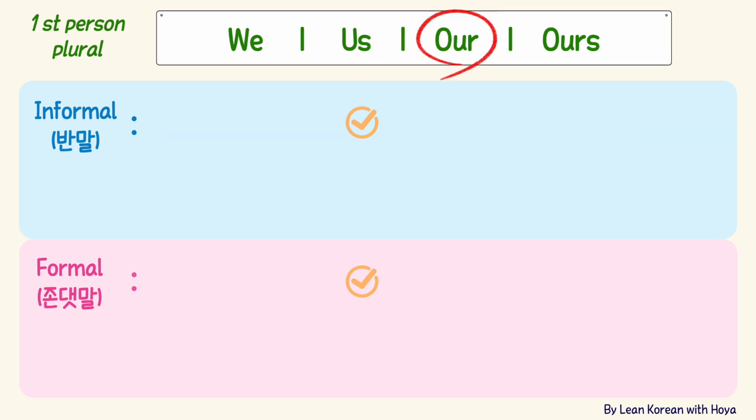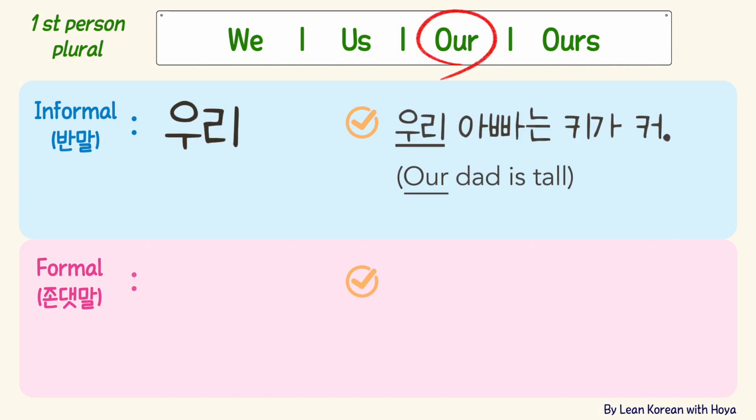The next one is our. The informal version is 우리. Our dad is tall. 우리 아빠는 키가 커.